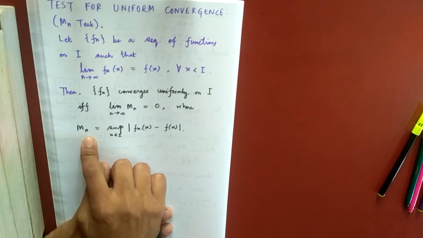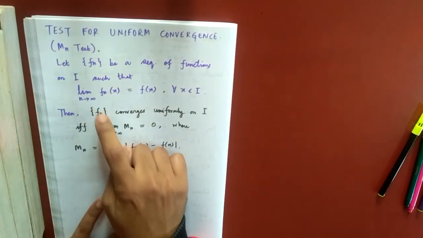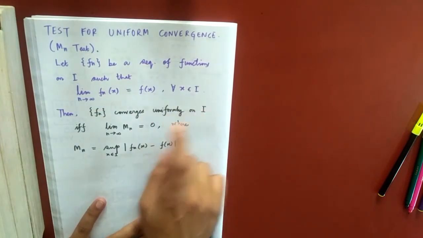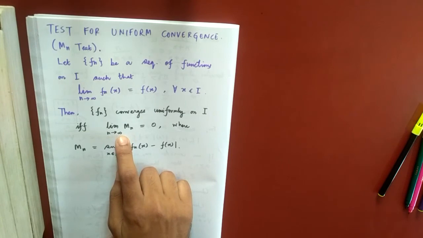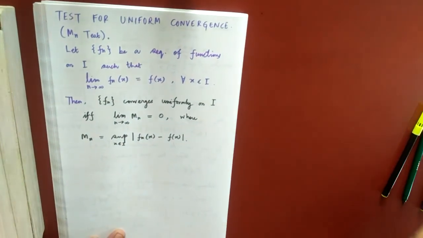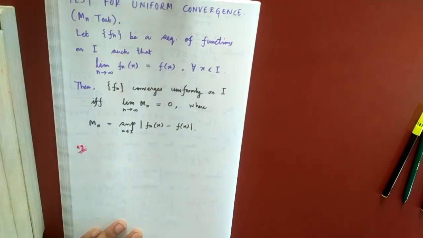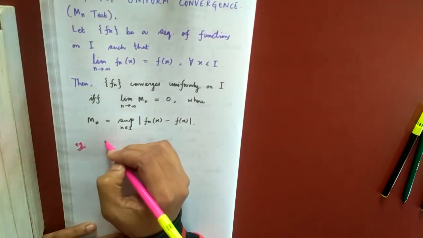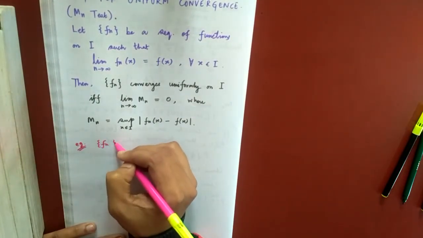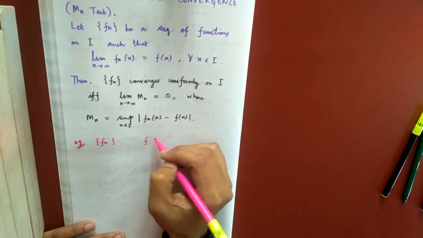Getting my point? So then this sequence of functions converges uniformly on I if and only if the limit as n tends to infinity of Mn is 0. For example, I'll do questions in the next class, but I'll just give you a basic idea. Suppose for some sequence of functions fn the pointwise limit is 0.